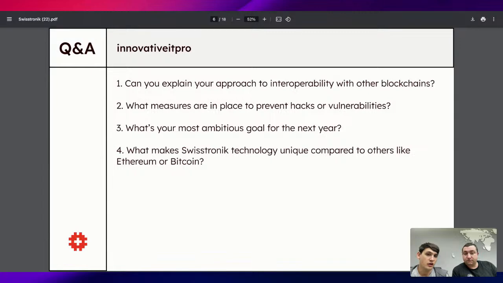So what measures are in place to prevent hacks or vulnerabilities? Well, first of all, of course, we try our best to do the review and test everything, but also we have an ongoing security audit.